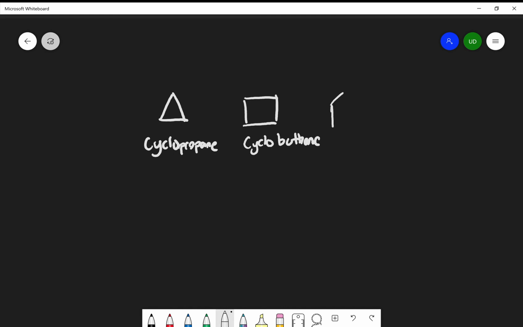Did this. There are 5 carbons present and it's in a ring, so it'd be cyclopentane. Do this. There are 6 carbons present in this ring, so this is called cyclohexane.